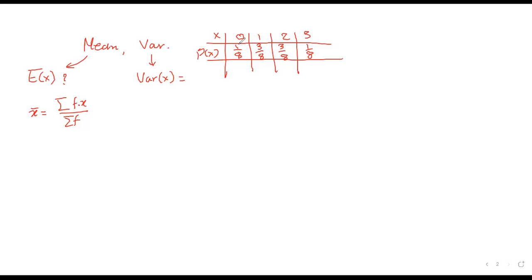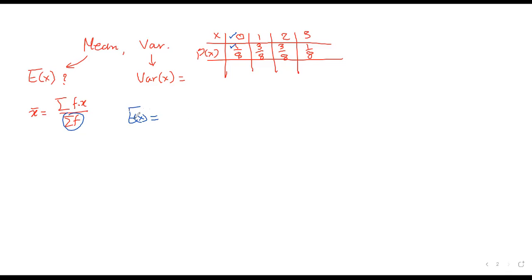I'll show you how. Now, we have f times x, which is the x and the frequency. The x is 0, and the frequency is 1. So 0 times 1 divided by the total of frequencies, which is 8 events. So all you need to do to find the rule for E(X), in fact, as you know, we don't memorize rules.